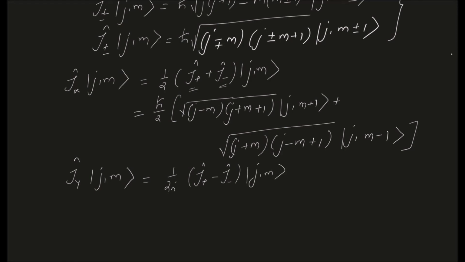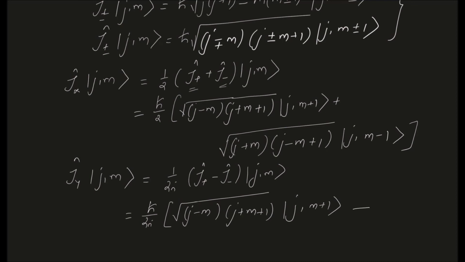If we substitute for J plus and J minus, this will be h cross by 2i into square root of j minus m into j plus m plus 1 times the state j, m plus 1, minus, instead of plus, square root of j plus m into j minus m plus 1 times j, m minus 1.